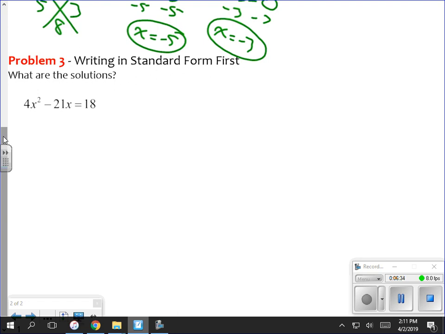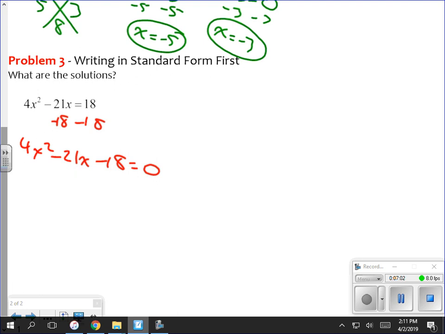So my first step in this one is to actually set it equal to 0. Subtract 18 from both sides. Subtract 18, subtract 18. So I get 4x squared minus 21x minus 18 equals 0. So your first step is set it equal to 0.